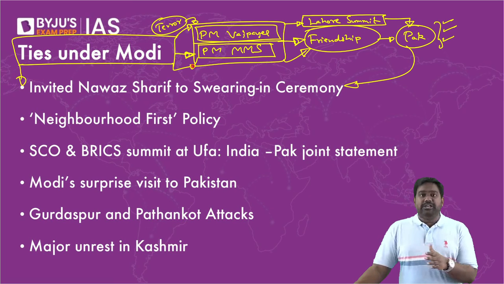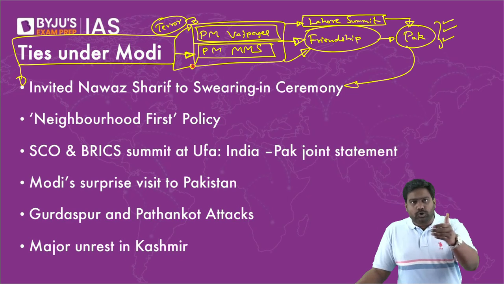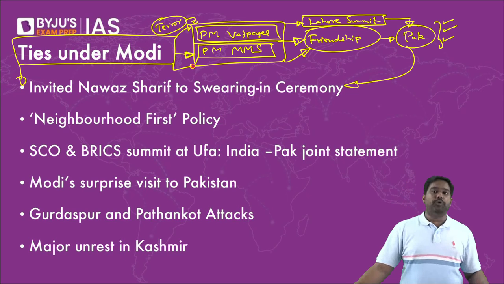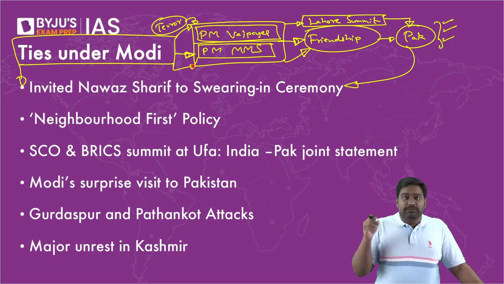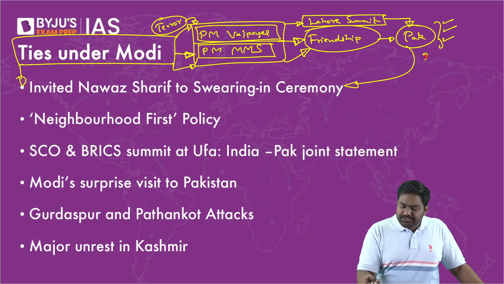So in complex relations, back channel diplomacy is used, where leaders will appoint a secret envoy, they'll talk to each other and they'll try to achieve some progress. So Manmohan Singh and Parvez Musharraf were making some progress, and it was disrupted by the Mumbai attacks, the 26/11 Mumbai attacks.